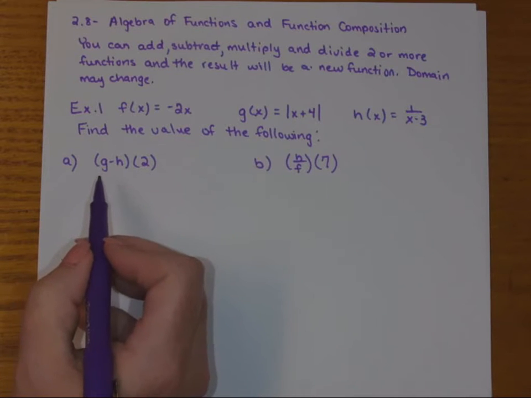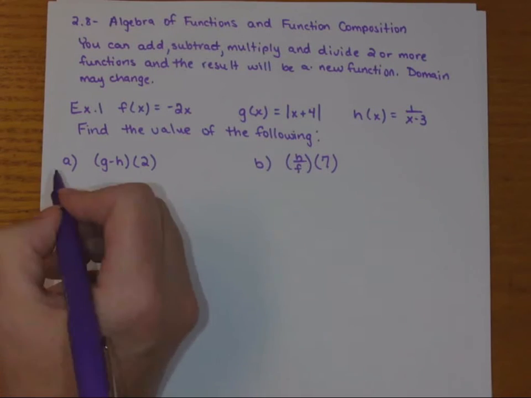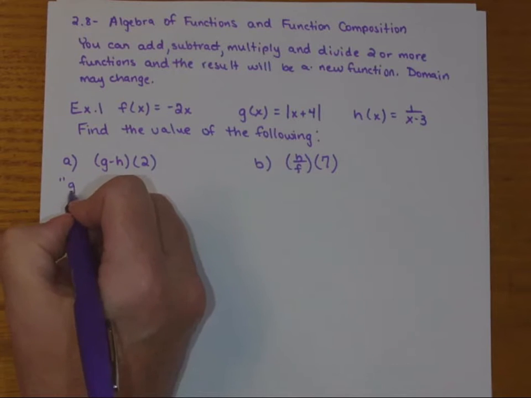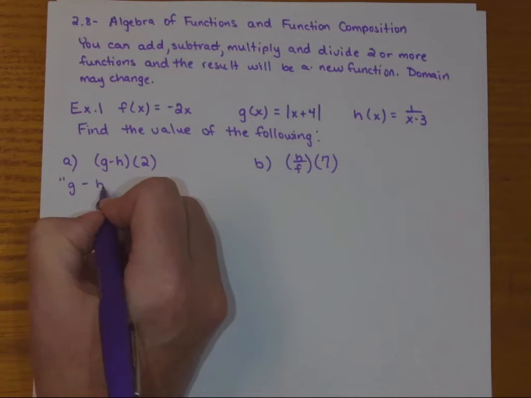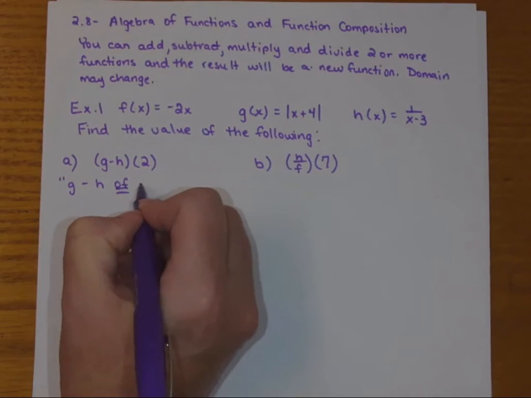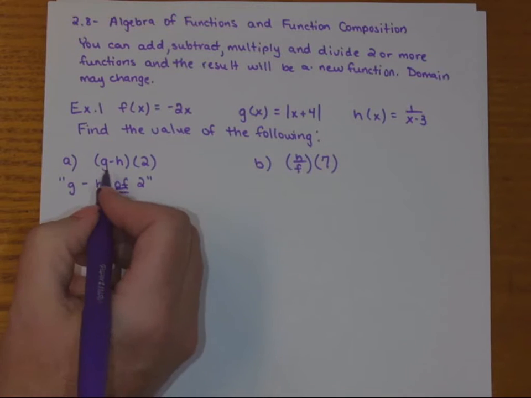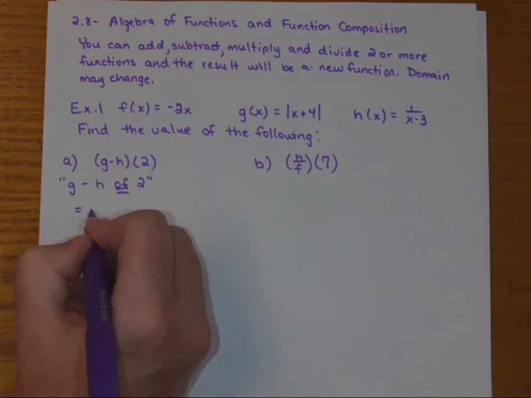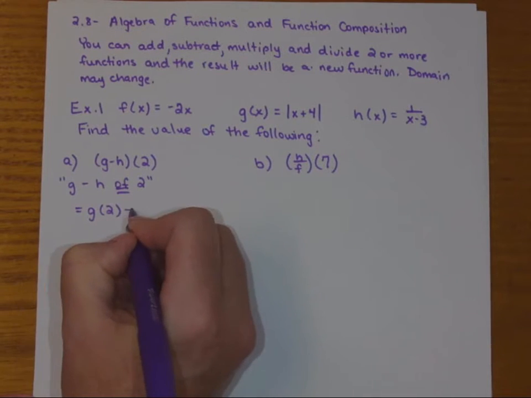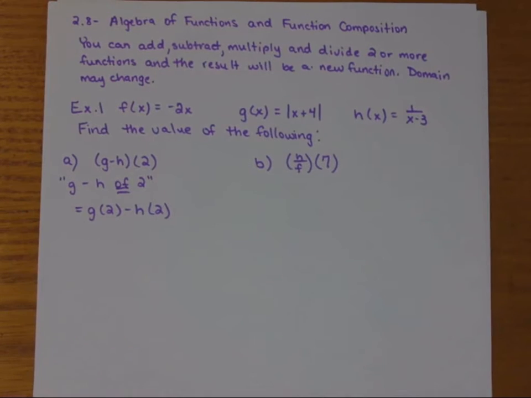This does not mean g minus h multiplied by 2. Okay, this means g minus h of 2. Okay, so it's function notation. So don't try to think that we're doubling anything. That's definitely not what we're doing. G minus h of 2 means take g of 2 minus h of 2. Okay, it's function notation, and that's literally what it's asking.